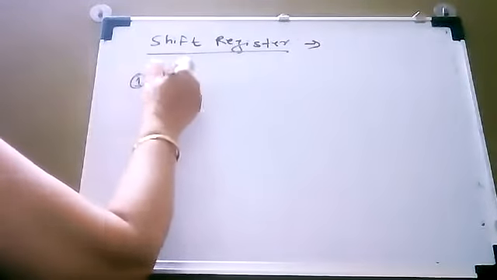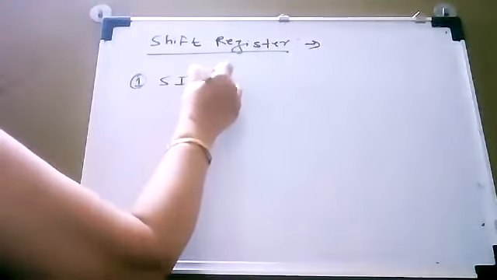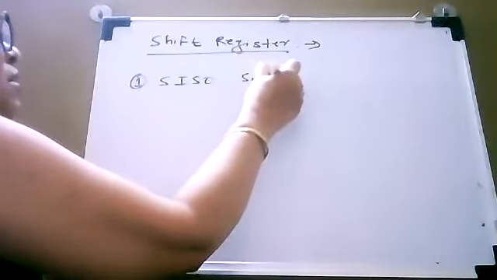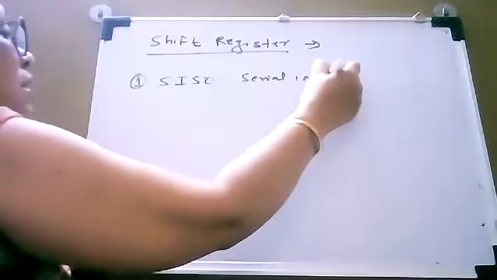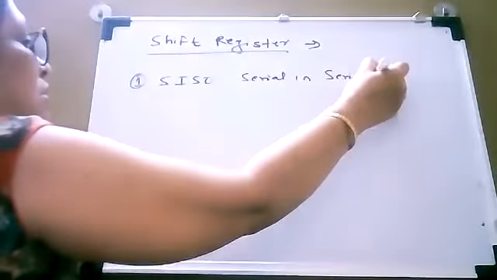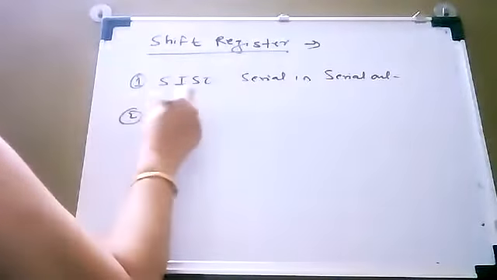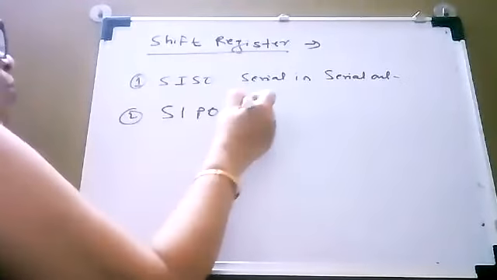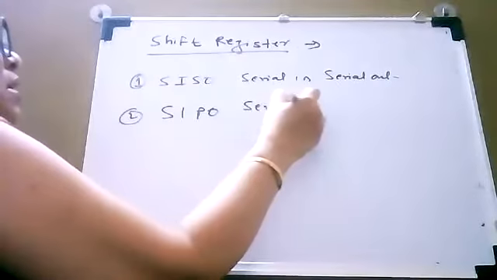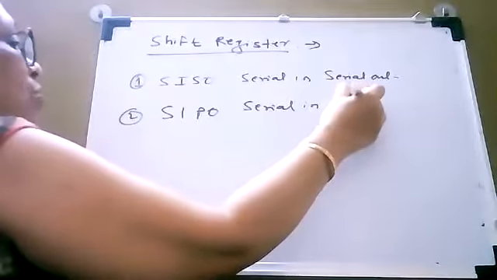The first is called SISO, the meaning of this is serial in, serial out. The second is SIPO, which is serial in, parallel out.